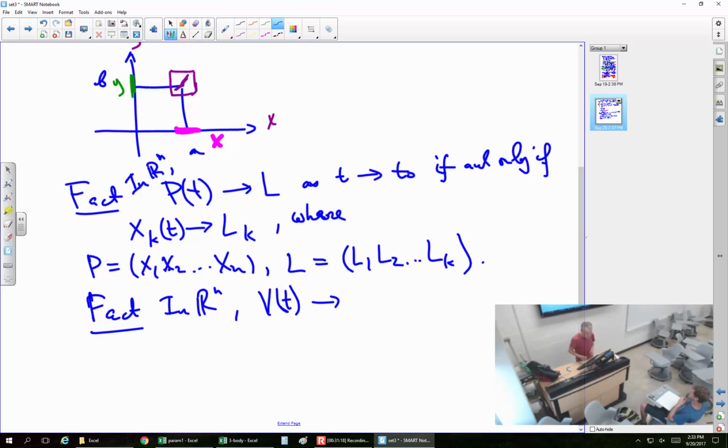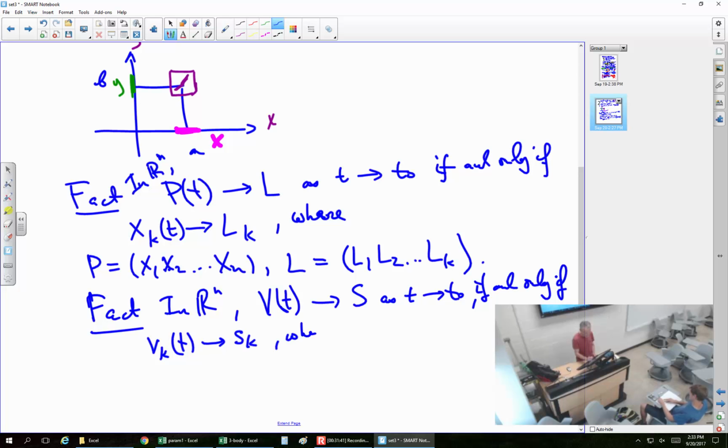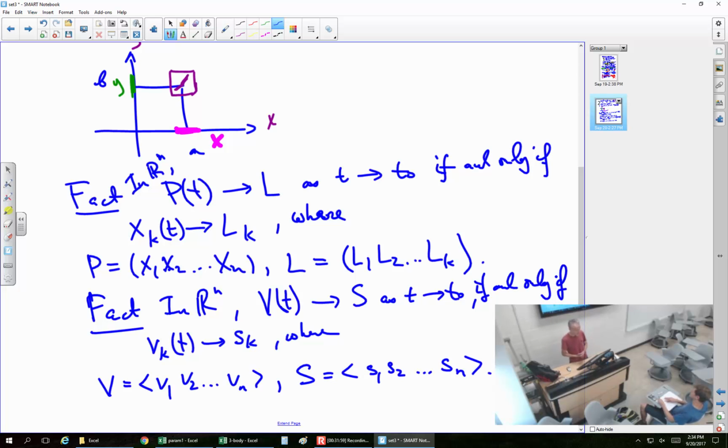V of t converges to some S as t goes to t naught, if V_k of t is going towards S_k, where V is a vector with components V1, V2, ..., Vn, and S is also a vector with components S1, S2, ..., Sn.